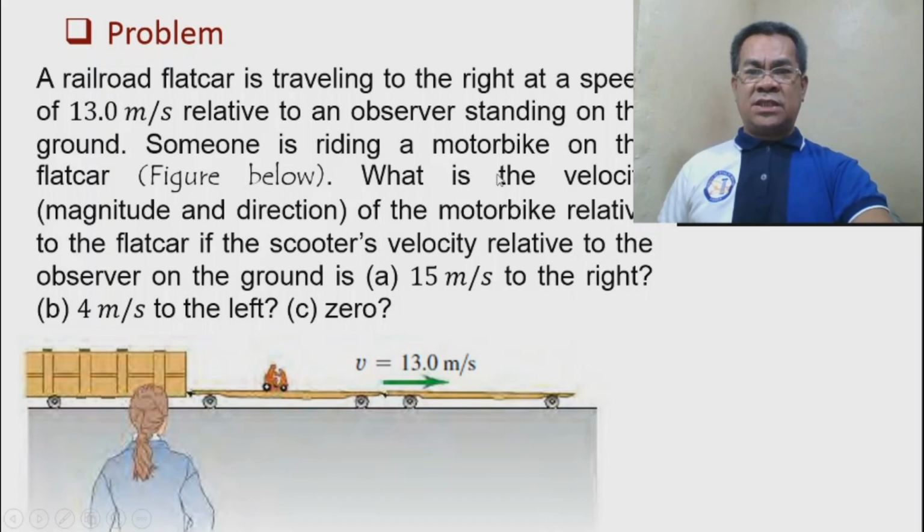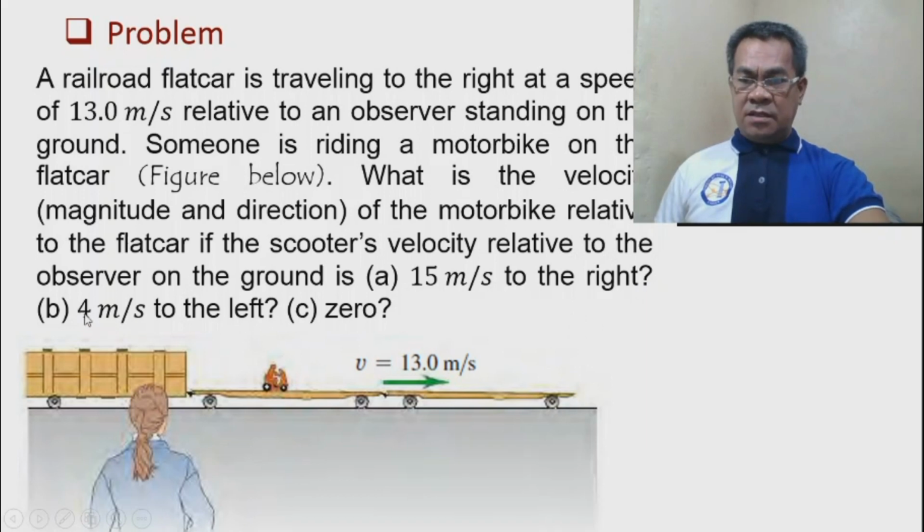The question is, what is the velocity, magnitude and direction, of the motorbike relative to the flat car? How much is the velocity of this motorbike relative to the observer inside the moving frame? Letter A: given the scooter's velocity relative to the person on the ground is 15 meters per second, and the direction of the motor is to the right.